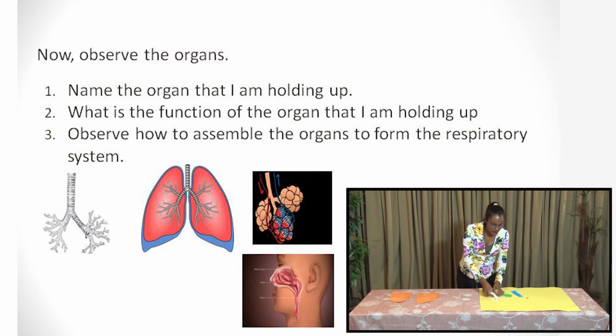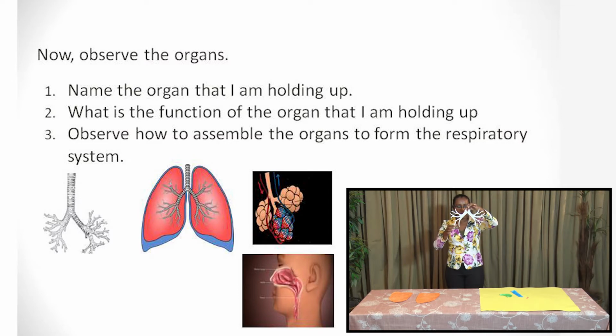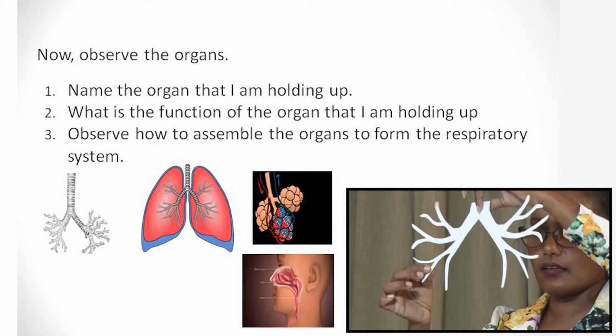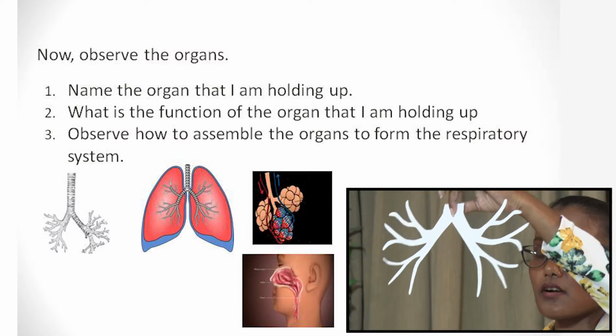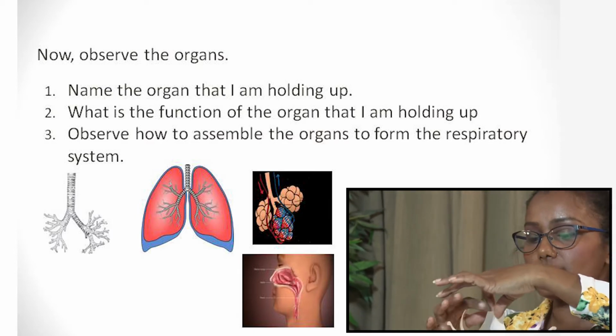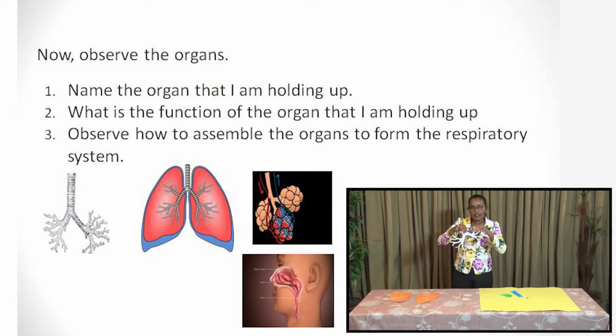What is the name of this organ now? Very good. It's the bronchus. The bronchus takes the oxygen into the lung and carries back the carbon dioxide out.